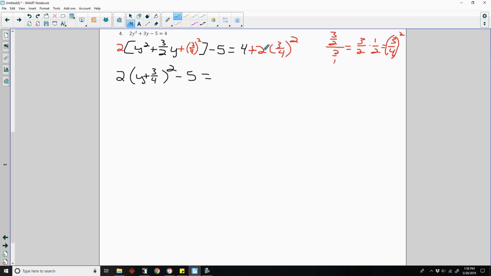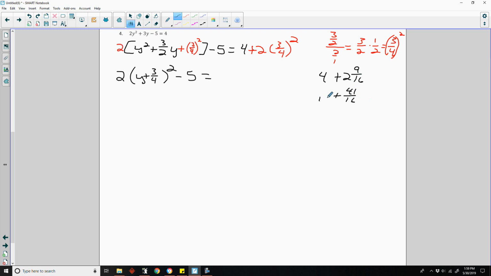So I have 4 plus 2 and 9/16. So be careful with this. So over here I'm going to write 4 plus 2 and 9/16. And then I'm going to make this improper. 16 times 2 is 32, plus 9 is 41 over 16.